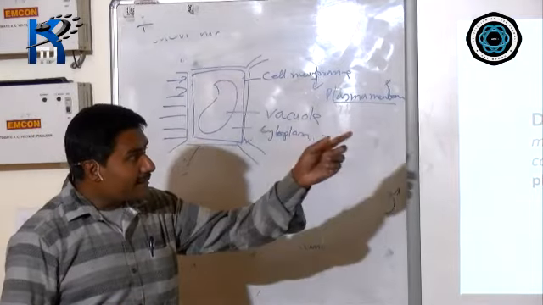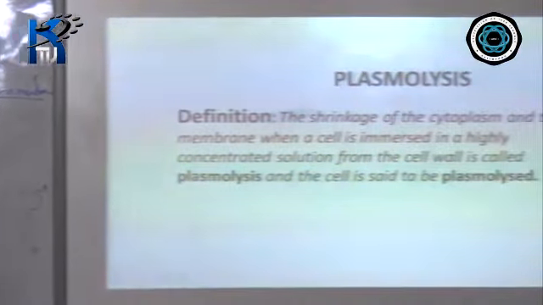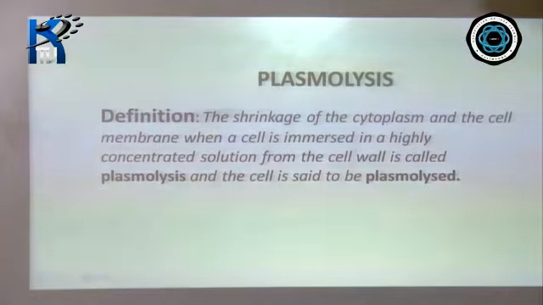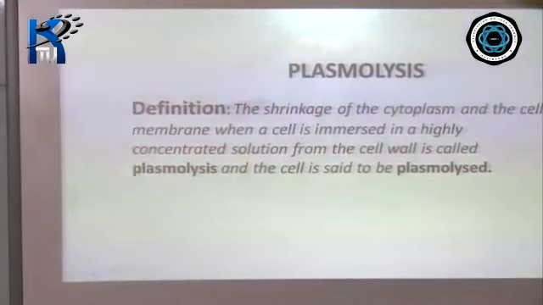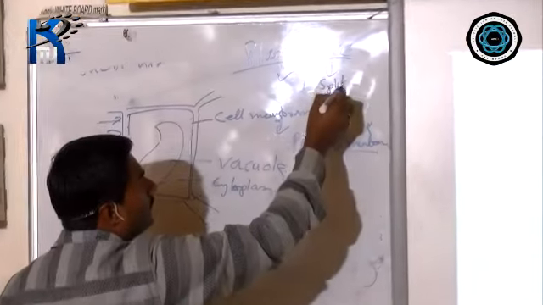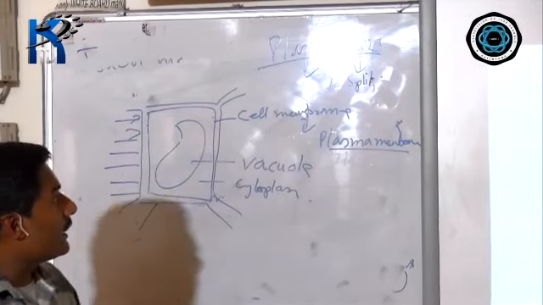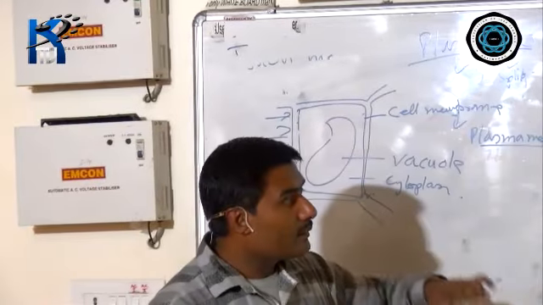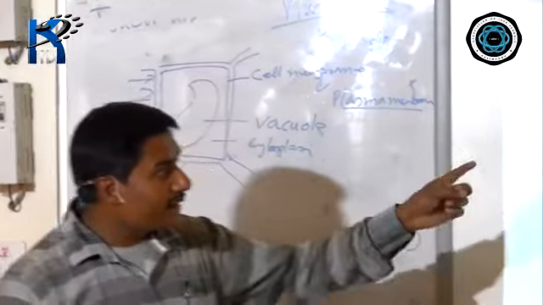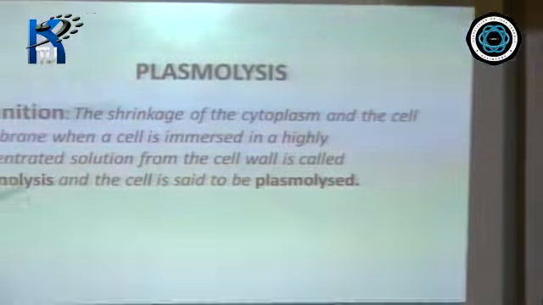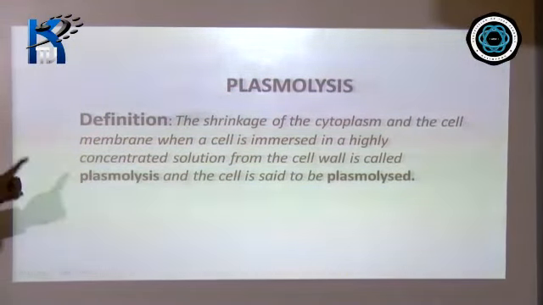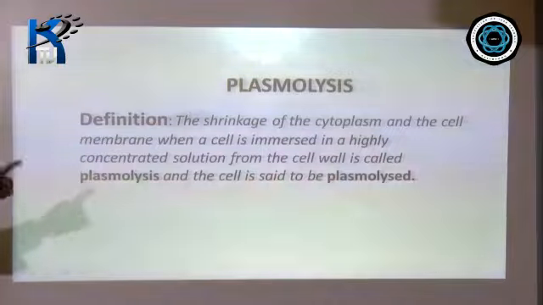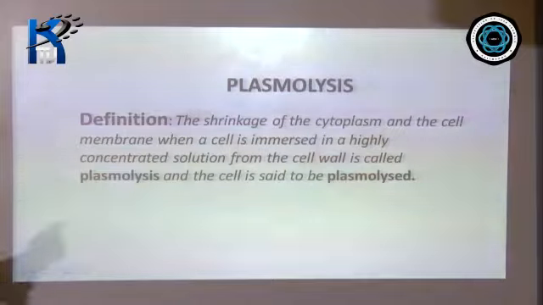So when I say plasmolysis, that means the plasma layer gets split. Let's see the definition. The shrinkage of the cytoplasm and the cell membrane when the cell is immersed in a highly concentrated solution, away from the cell wall, is called plasmolysis, and the cell is said to be plasmolysed.